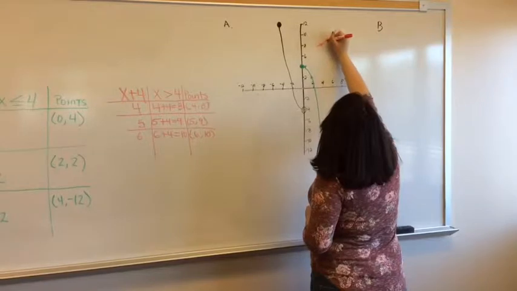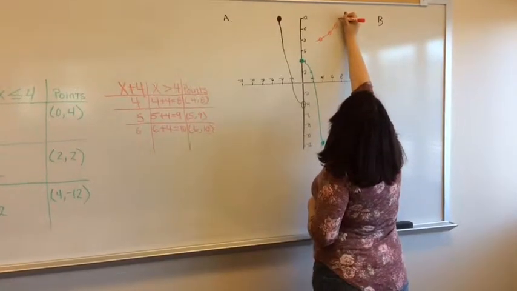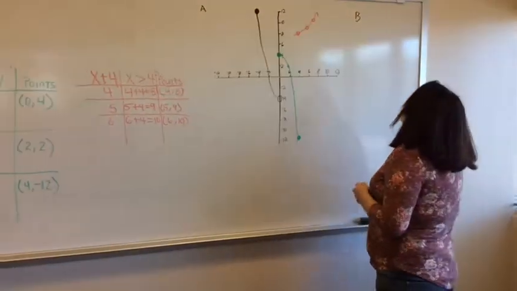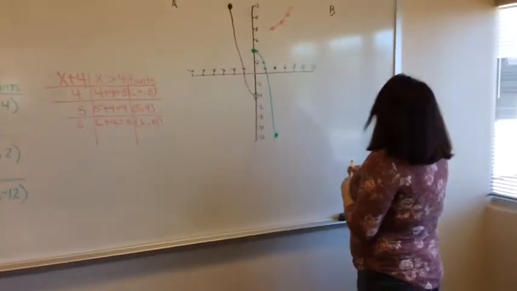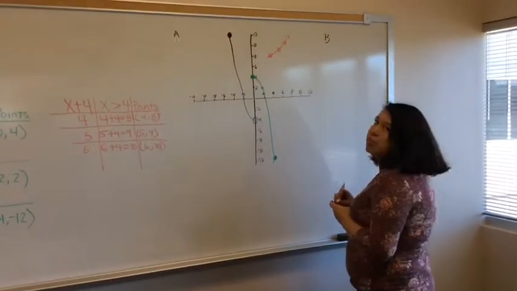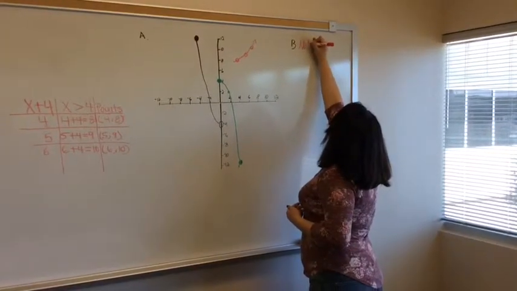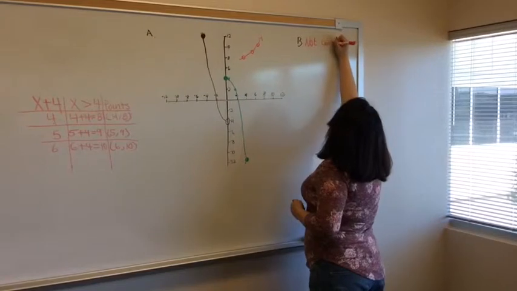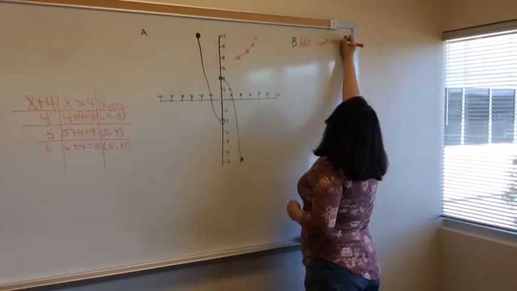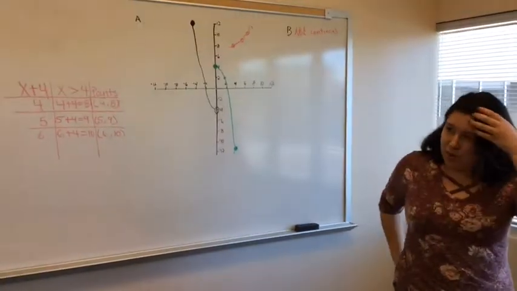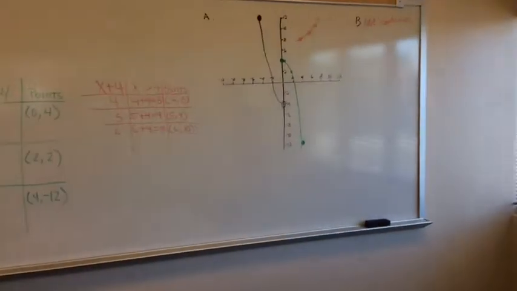And just going to connect those in there. And for B, the question was if it was continuous, and it is not continuous. So now I'll hand it off to one.